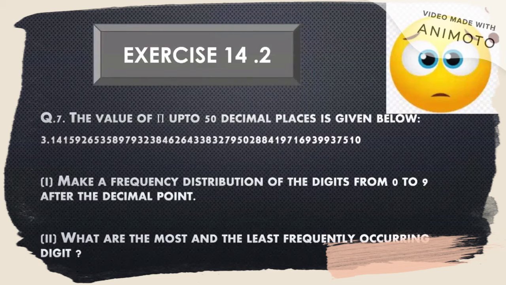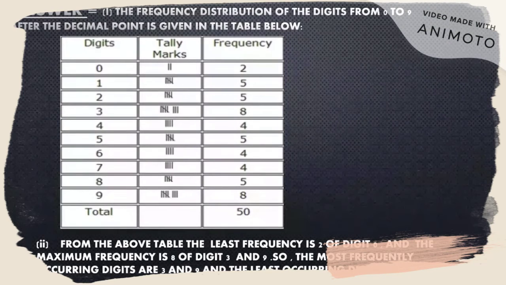So here is a question. In this question, the value of pi is given up to 50 decimal places. In the first part of the question, we have to make a frequency distribution table for the digits 0 to 9 after the decimal point. Here is the answer.